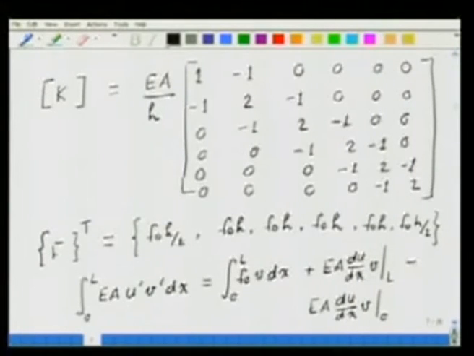Now, the question is, what is EA du dx at the two ends? So, at the two ends, at x equal to L, EA du dx is P. At the end x equal to 0, this is equal to Q. So, let us go and look at it in greater detail.